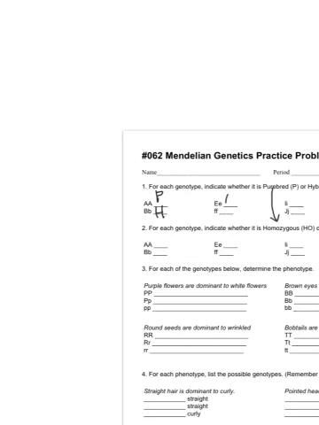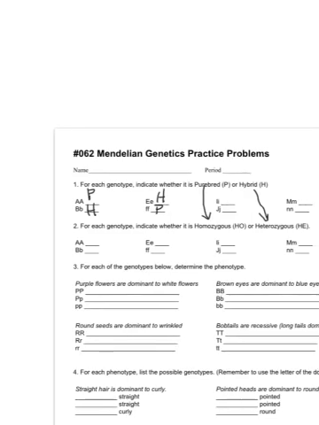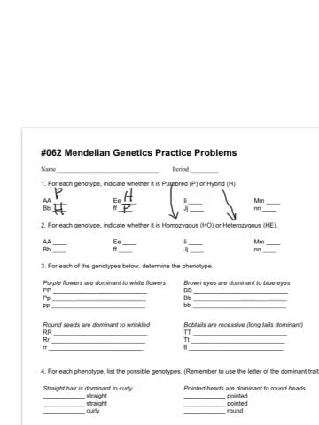The E's are different, so they're a hybrid. The F's are the same, so they're a purebred. Doesn't matter if it's dominant or recessive, it's just whether or not they're the same letter. Move over here to the I's, and that is different, so it's a hybrid. J's are different, so they're a hybrid. M's are different, so they're a hybrid. And the N's are the same case, or homozygous, so they are a purebred.